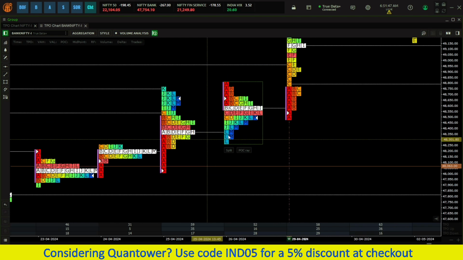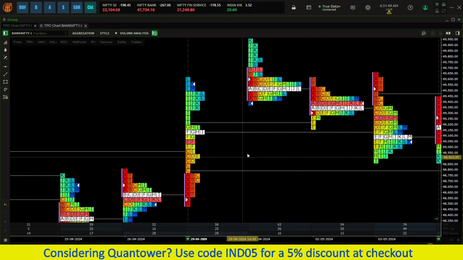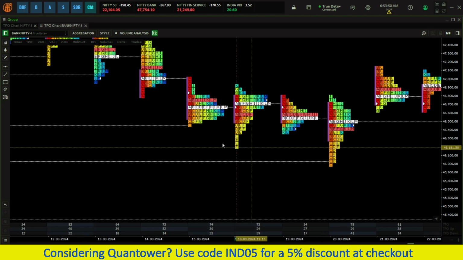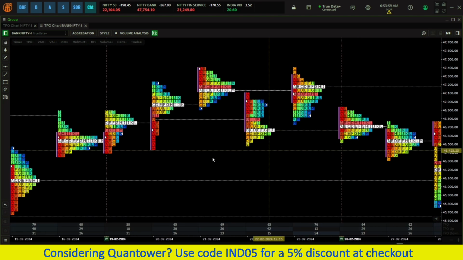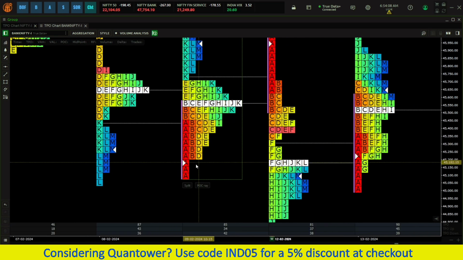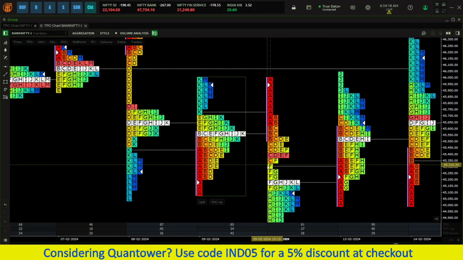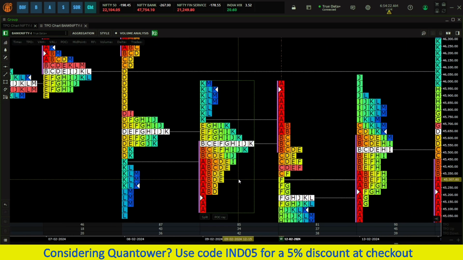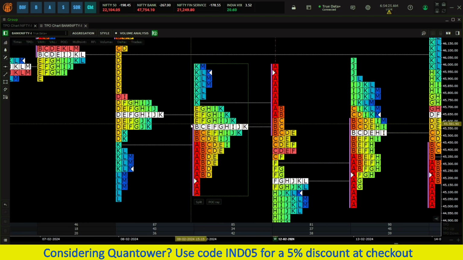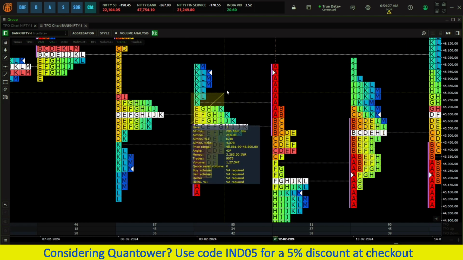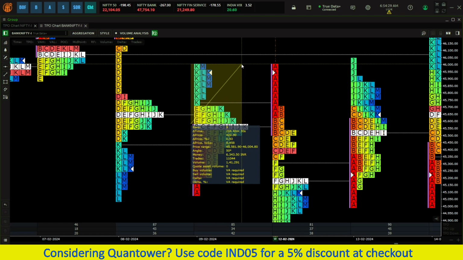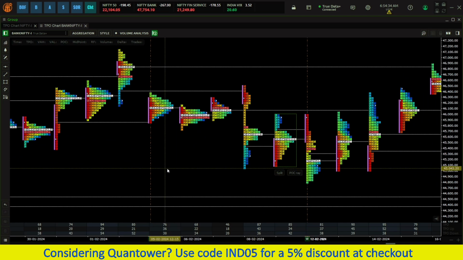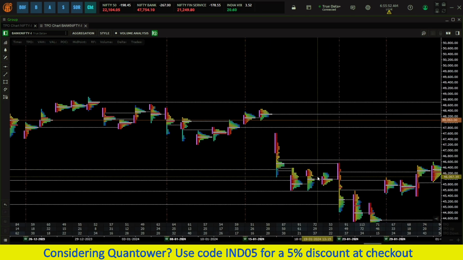So let me also cover some other examples. Even on this day, we got a medium IB and we almost got 1x extension, right? So you can also calculate this, and hope you understood the extensions. Let's see some other examples.